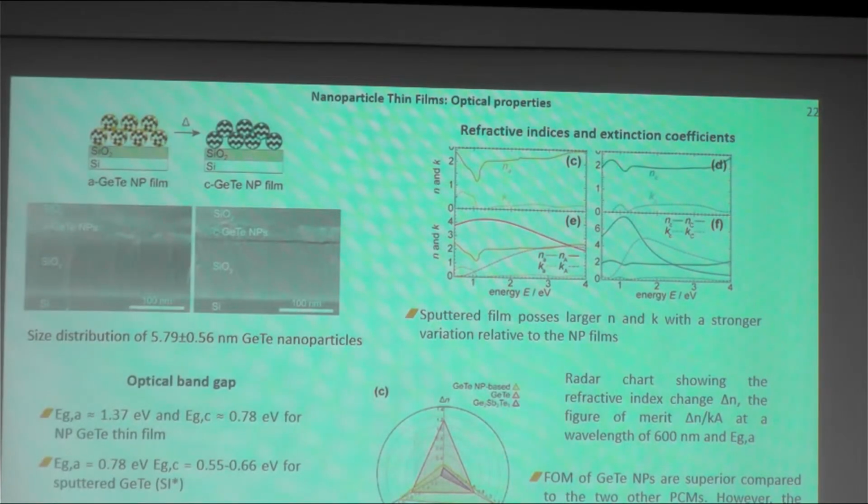What we see is that this is for nanoparticles. The figure of merit is compared to GST, and this is the figure of merit of germanium telluride based nanoparticles, and this is thin film. We can see the change of the properties, and we see an improved figure of merit for such nanoparticles.